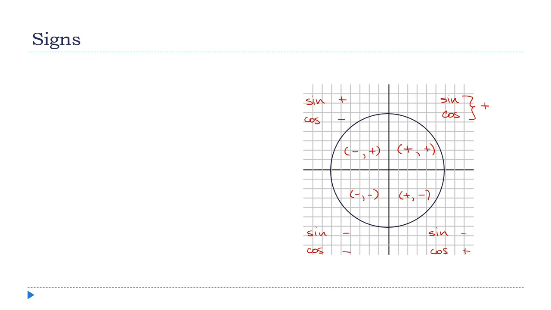And then from this, we can infer what the tangents are, right? Because the tangent is the sine divided by the cosine. In the first quadrant, the tangents will be positive. In the third quadrant, the tangents will be positive, right? Because we're dividing two negative numbers.